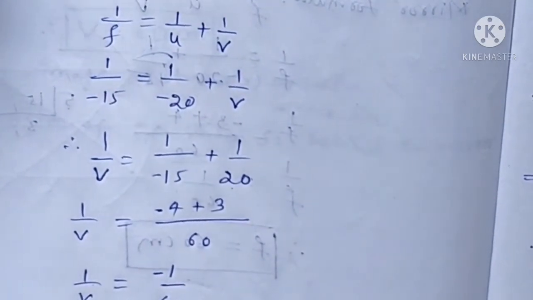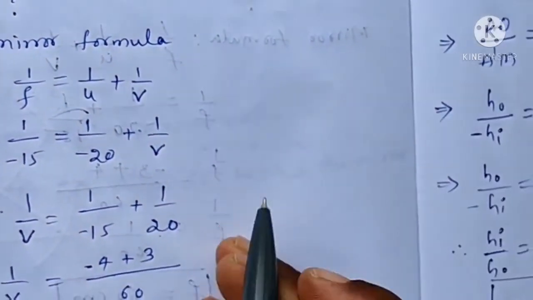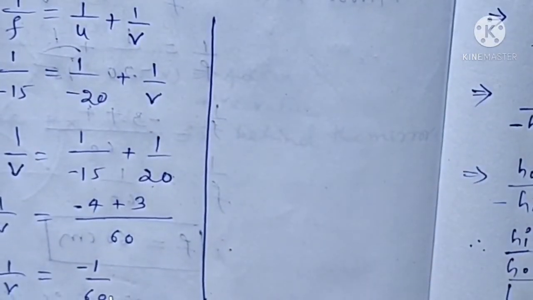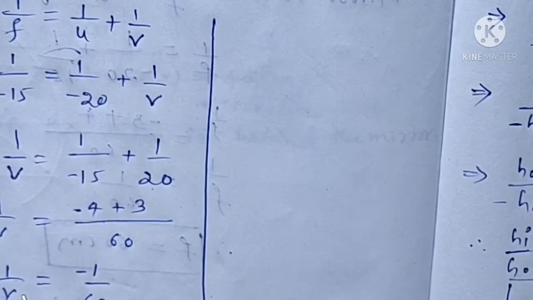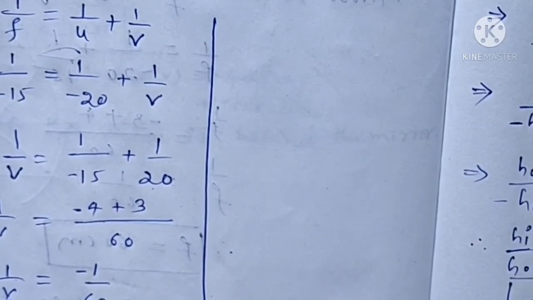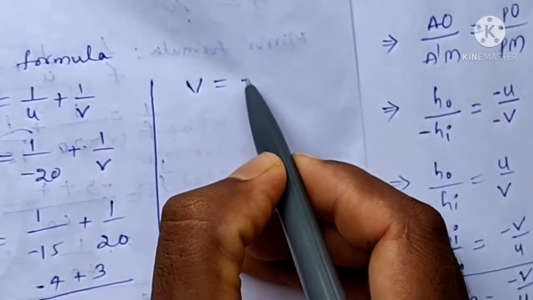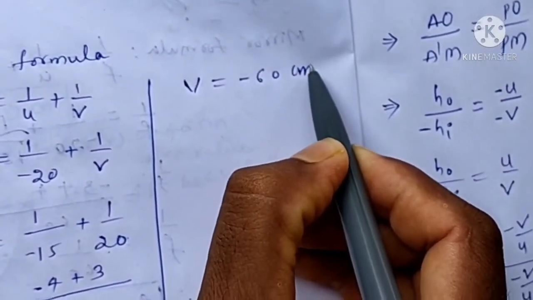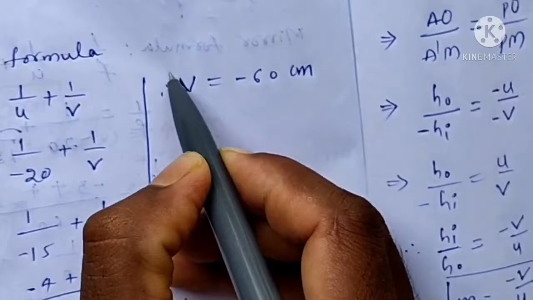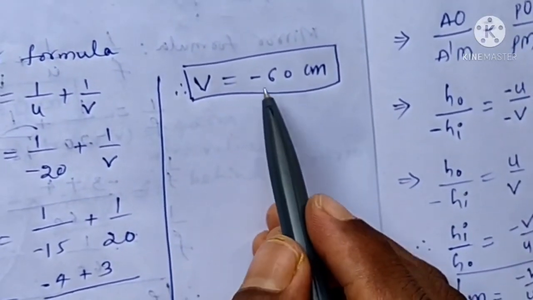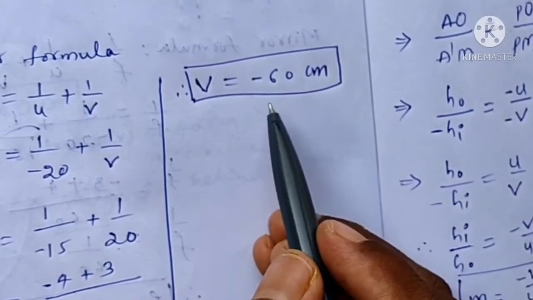Taking the reciprocal, v is equal to minus 60 centimeters. Therefore the image distance is minus 60 centimeters.